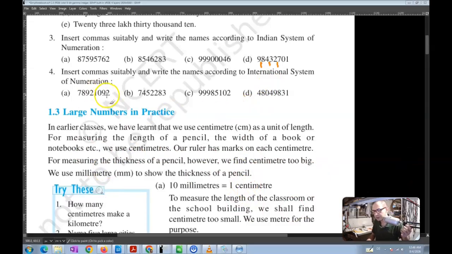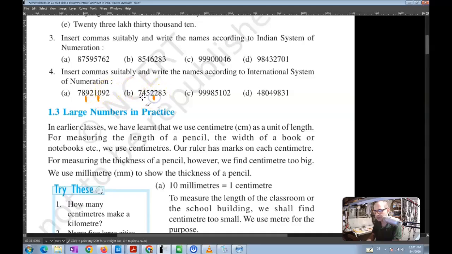Now these numbers are supposed to be written according to the international system of numeration, which means that you are supposed to separate every three digits with a comma. So I put one comma over here, another comma over here. So then the number is 78,921,092.